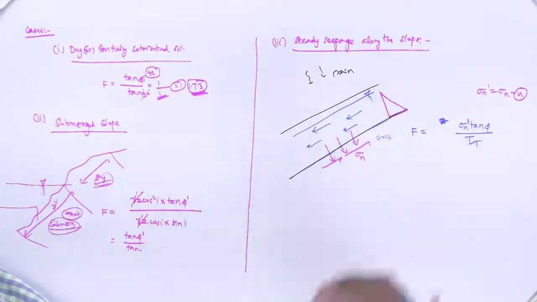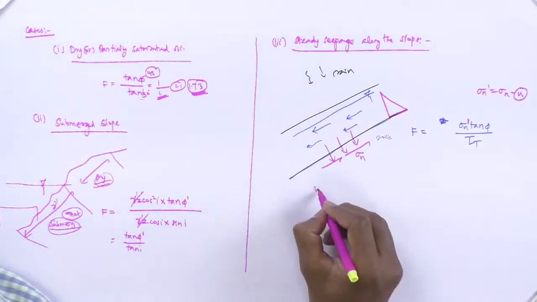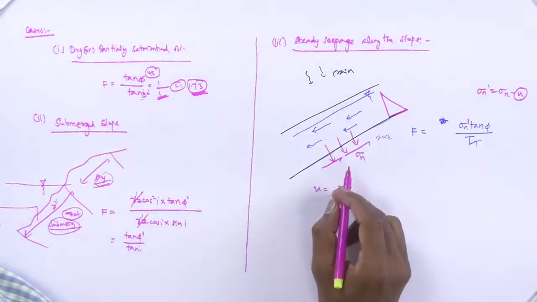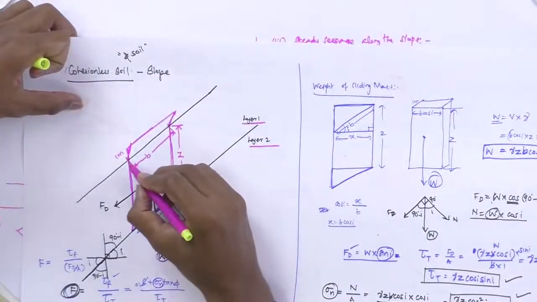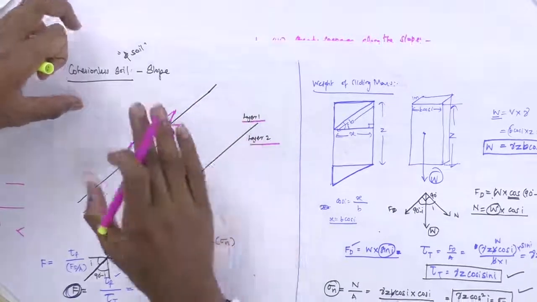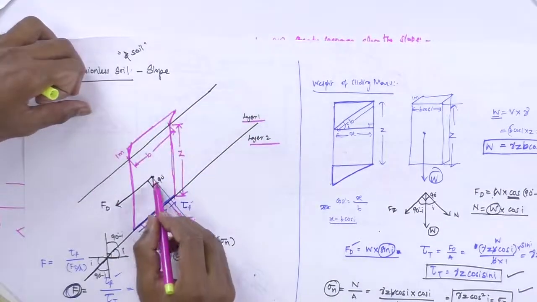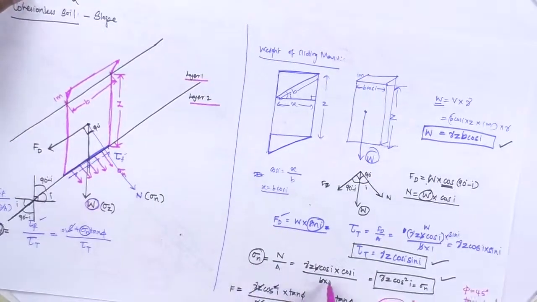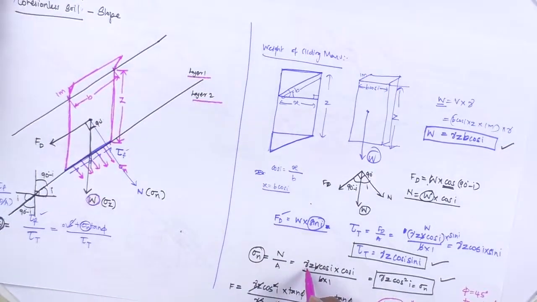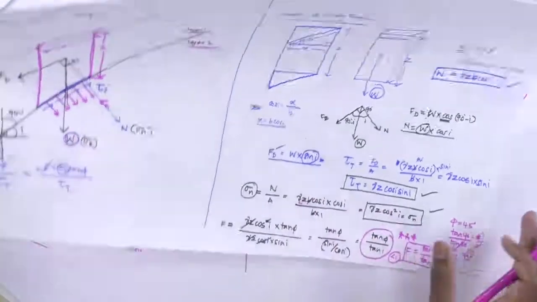So this u can be computed with the same derivations which I have right here. By the way, if suppose this portion is considered as water and this sigma n is computed here, instead of this gamma sat you are going to put gamma w.